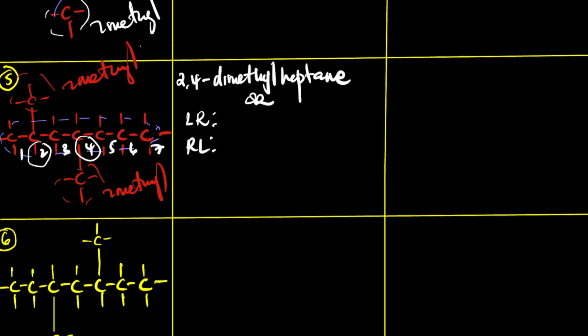When I say left to right, I mean left to right this way, and then right to left, it's this way to this way, right? Let's look at the left to right. Let's look where our branches are located. It's in left to right, that means it's this way, right? So it's 2 and 4, right? They are located, when you go this way, they are located in 2 and 4, right? So it's 2 and 4.